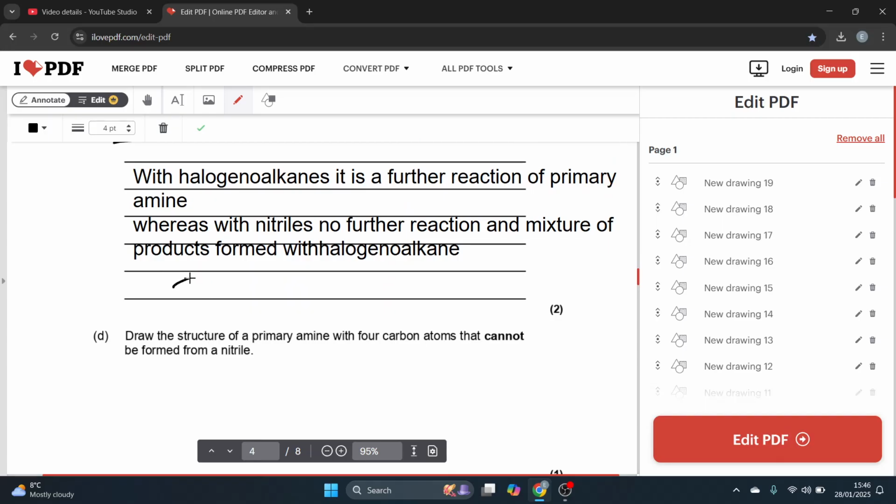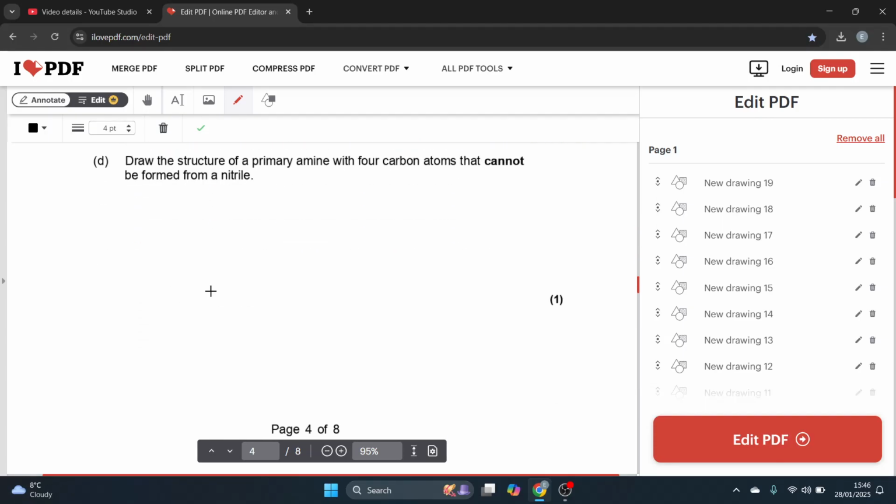Or we could say single product, high atom economy. So it looks something like this, really, with 4 carbon atoms that cannot be formed from a nitrile.